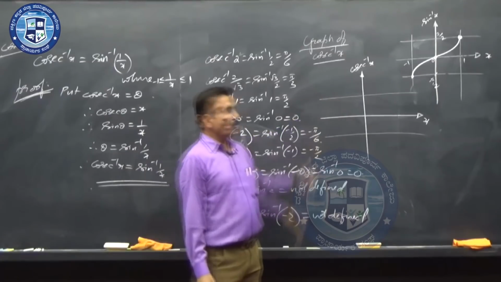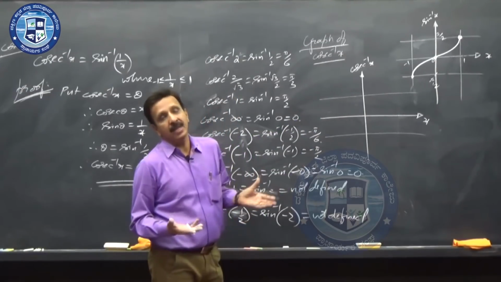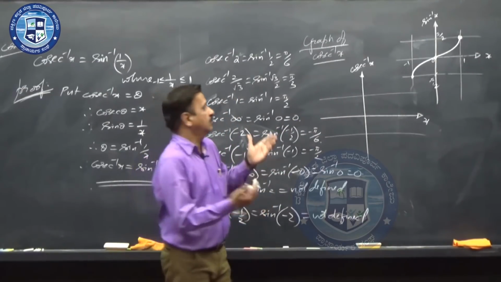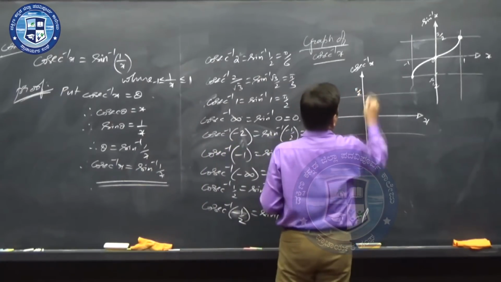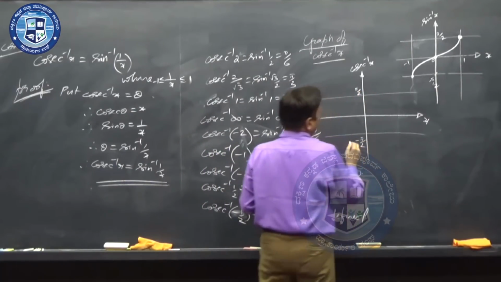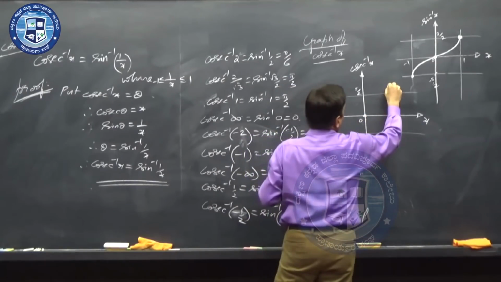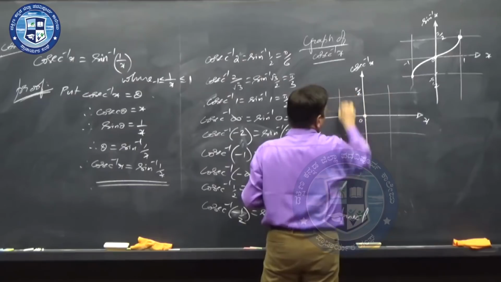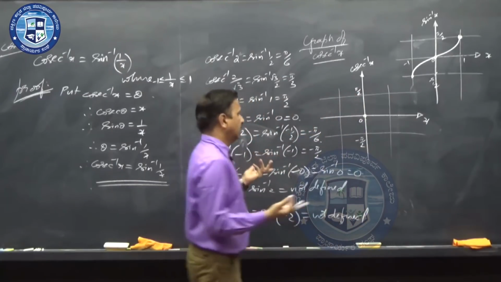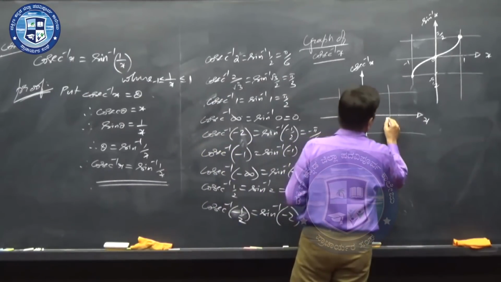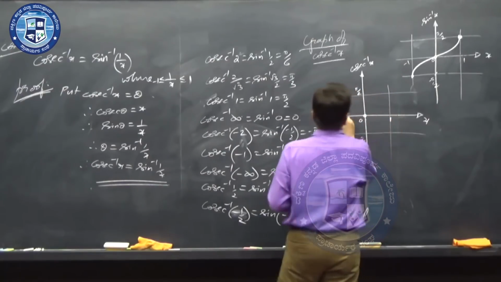So if you do not know much about cosec inverse x, definitely we will think about sine inverse x. Maximum value is pi by 2, minimum value is minus pi by 2, and this is x = 0. And you know this is 1 and this is minus 1, x values. Whether it is of use or no use, we do not know. Let us see, this is 1, this is minus 1.